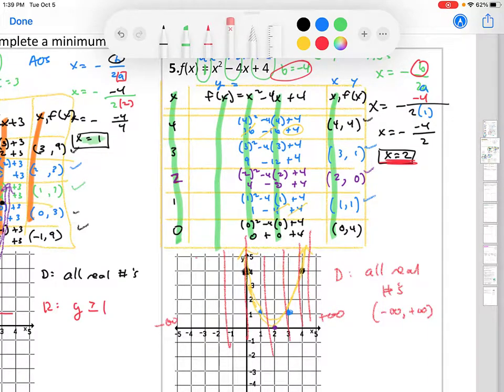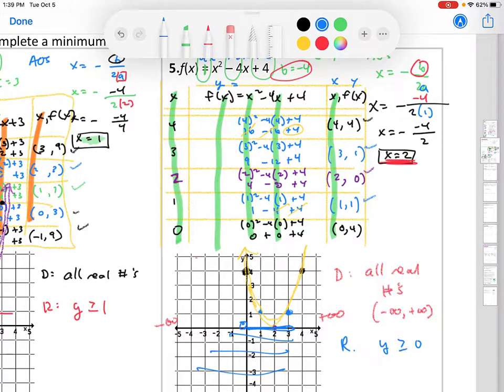All right, let's go ahead and erase all this. And the range. Range goes from bottom to top. There is nothing, nothing, nothing, nothing. And we start there. Go back to the y-axis, which is 0. And the graph is above on the y number line, which is 1, 2, 3, 4, 5.